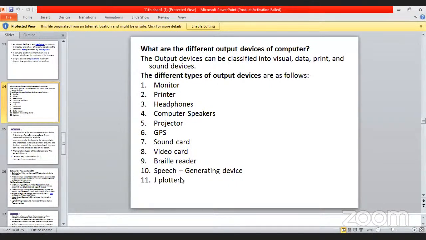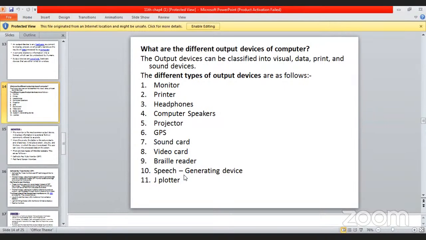The different types of output devices presented here are: monitor, printer, headphones, computer speakers, projectors, GPS, sound card, video card, brain reader, speech generating devices, as well as Braille also.